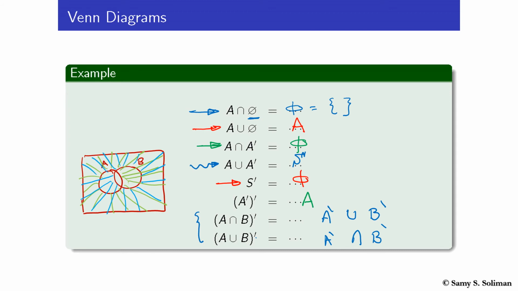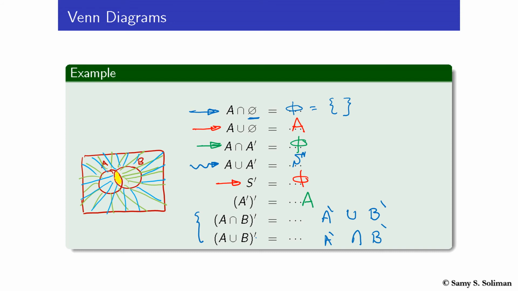Now, if we consider the complement of the intersection of two events, this is all the space except the unshaded area, because the unshaded or yellow shaded area here is the intersection.